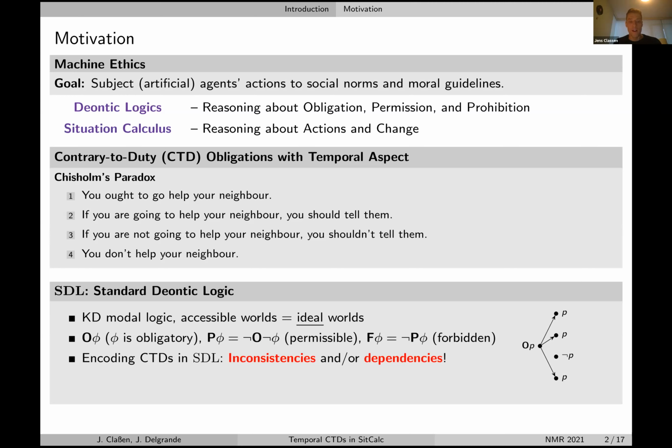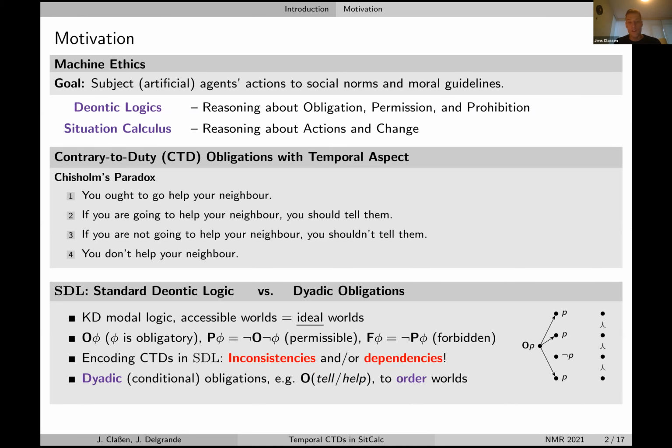The problem with that is that this fails to encode these kinds of contrary to duty scenarios. No matter how you try, and usually you would have to resort to material implications, you will end up either with inconsistencies or with undesired dependencies between the statements. And clearly, intuitively, this should not be the case.